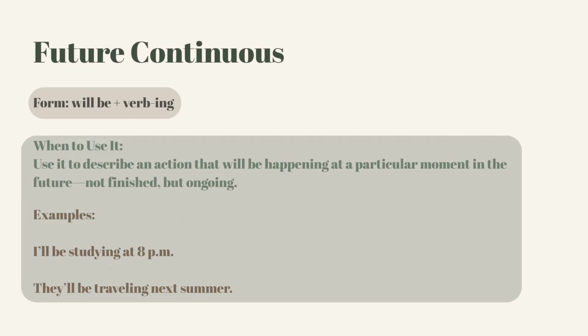I want to give a few more examples. There are actually some phrases that you might have seen, like this time tomorrow. Okay, let's give an example for that one. This time tomorrow, I'll be flying to New York.